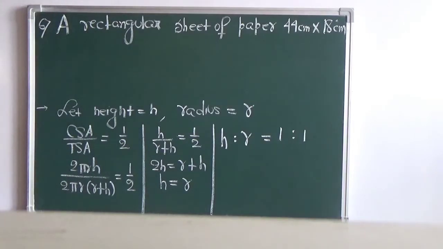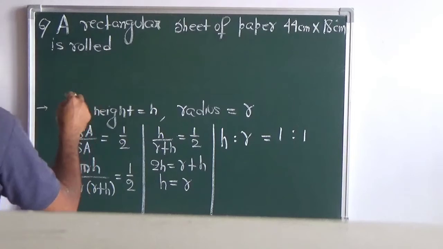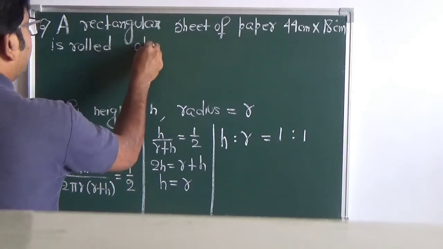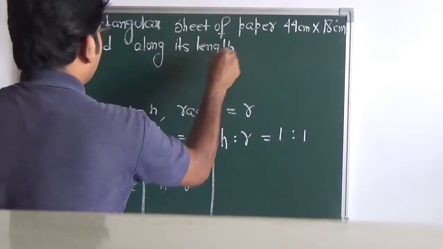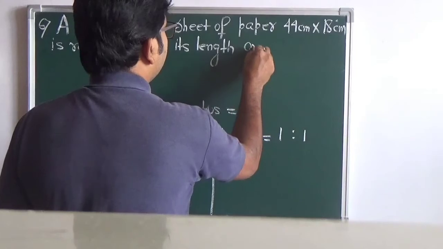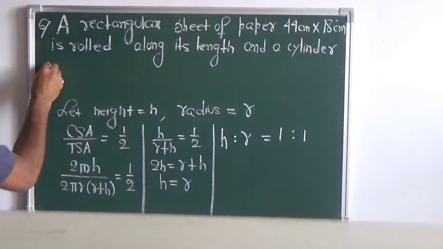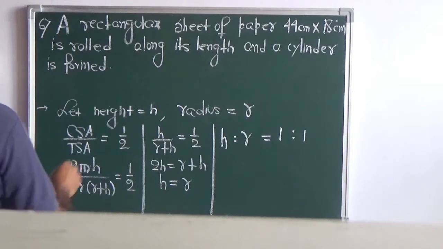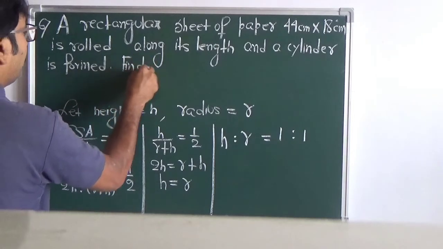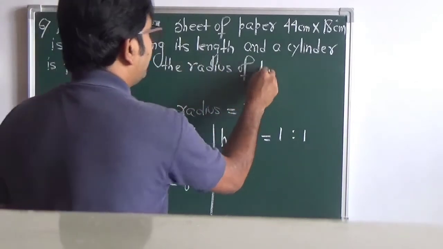The length is given as 44 centimeters and the breadth is given as 18 centimeters. It is rolled along its length, and a cylinder is formed. Find the radius of the cylinder.